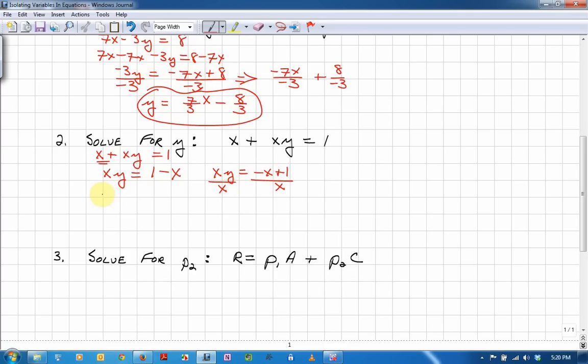I'm going to end up with y equal to, let's split this up, negative x over x plus 1 over x. This term of negative x over x is really just negative 1, because the x's will cancel. So I have y is equal to negative 1 plus 1 all over x. There's my answer.